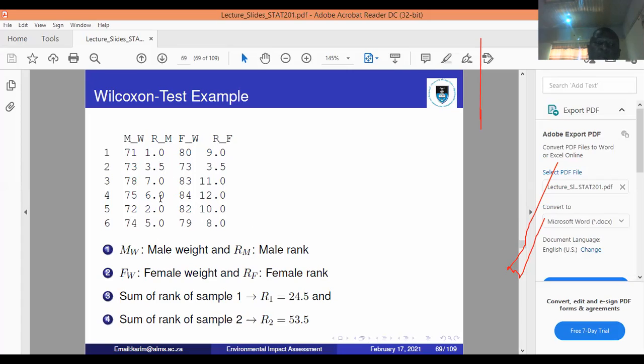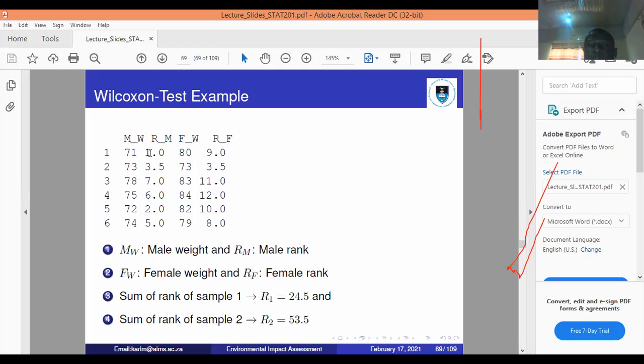Which one has the lowest value? What is the smallest value? 71.